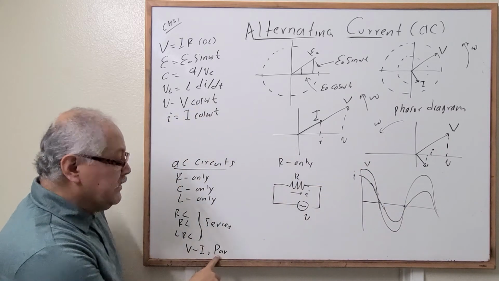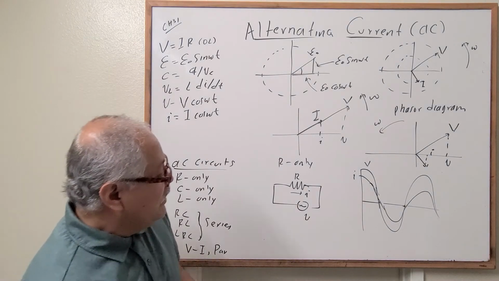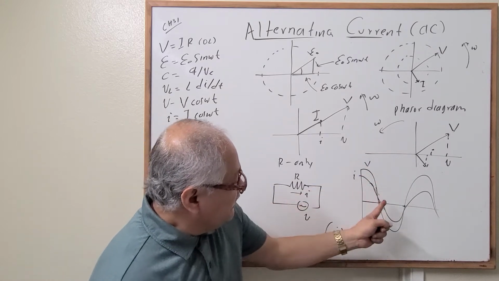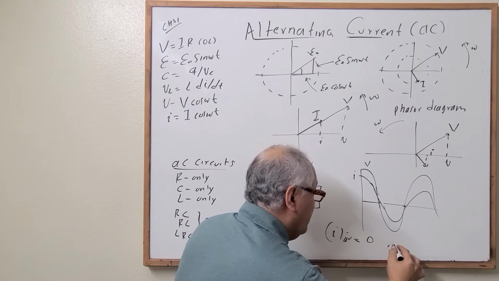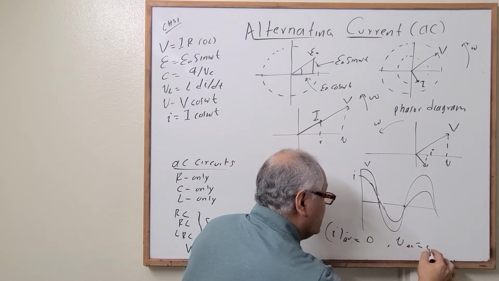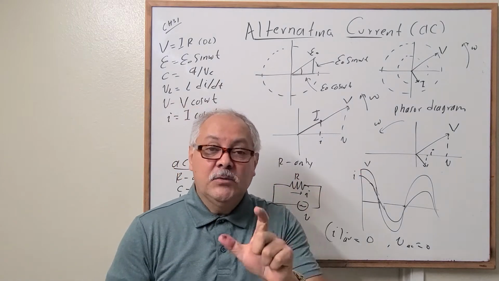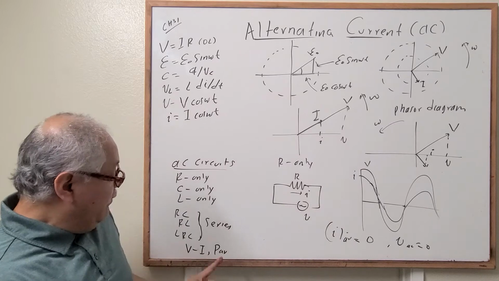Now let's find the average power. Well, for each one, what is the average for the current? Using this function, the average for the current is equal to 0, and the average voltage is also 0. Usually every time we have a quantity that oscillates back and forth, the average is 0. But what about the power?